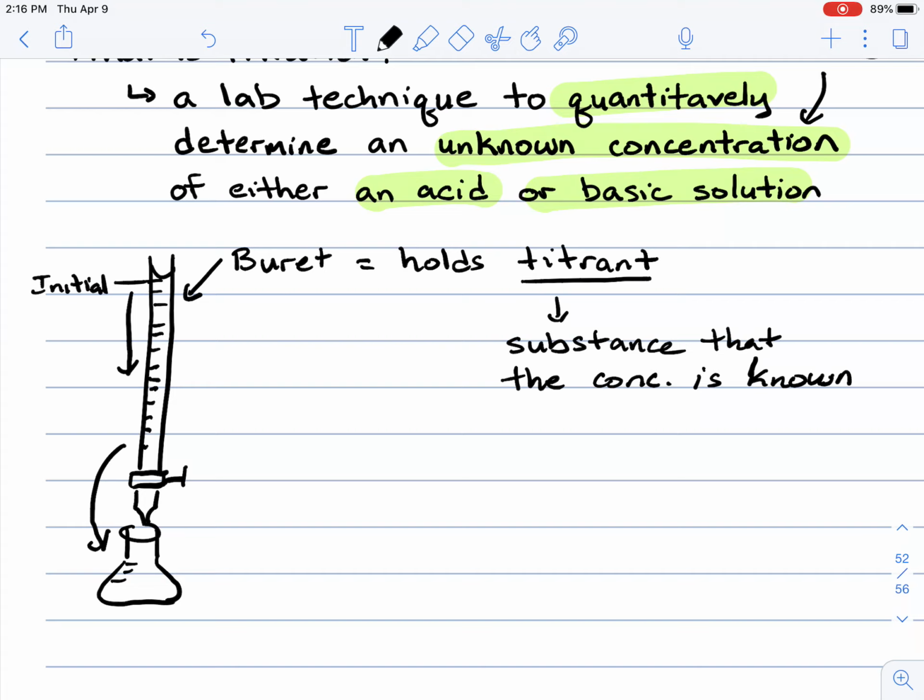So, long story short, the volume used during a titration is known, because you can simply read the markings on the burette and take the difference between the final and the initial.